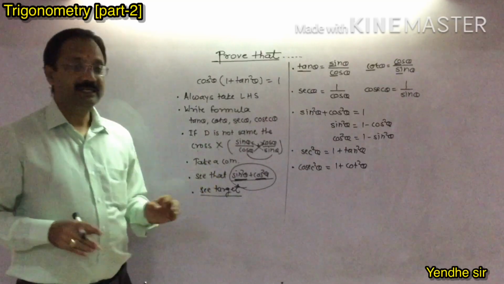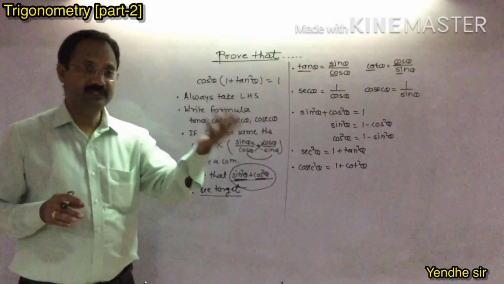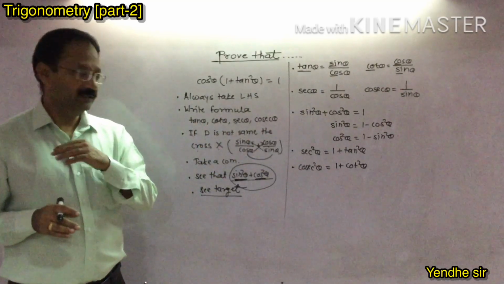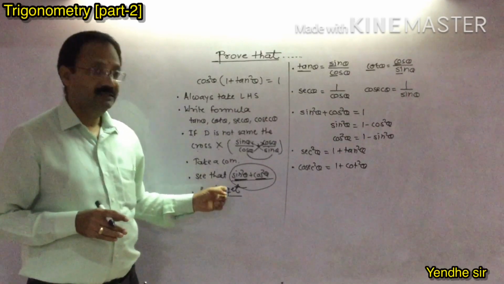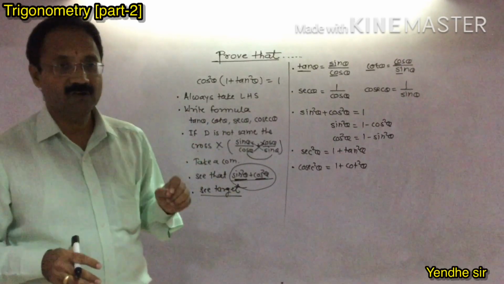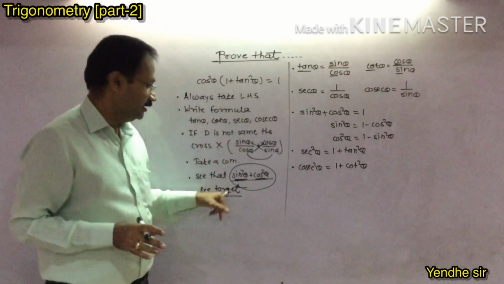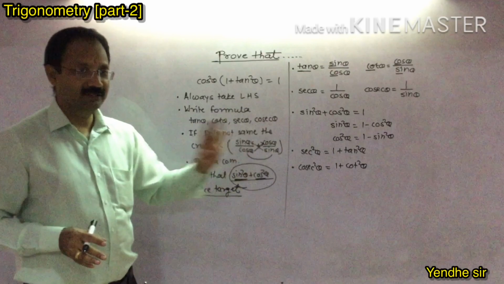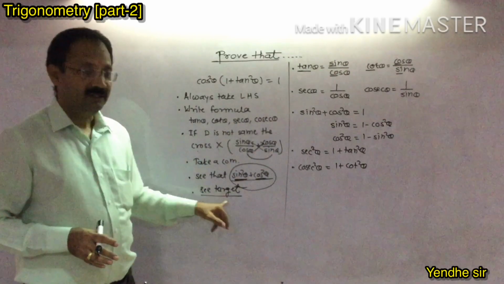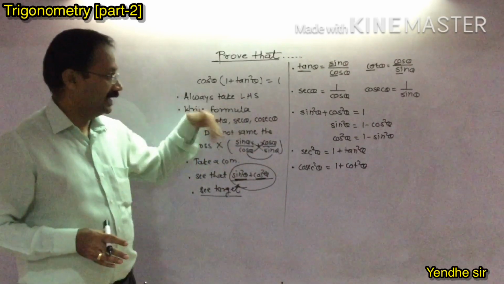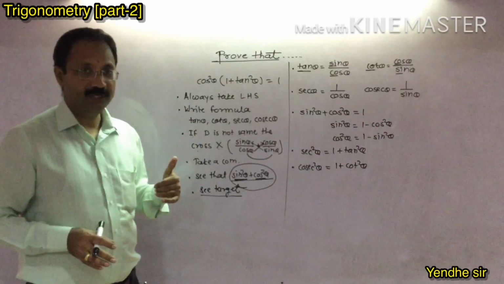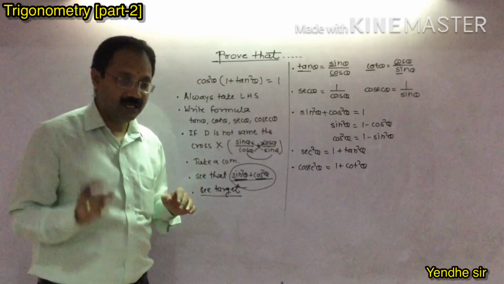Next, take a common, the content which is double. See whether sin square theta plus cos square theta is there, it means mummy and papa is there. And instead of this, you have to write 1 and see our target, whether we get the answer or not.